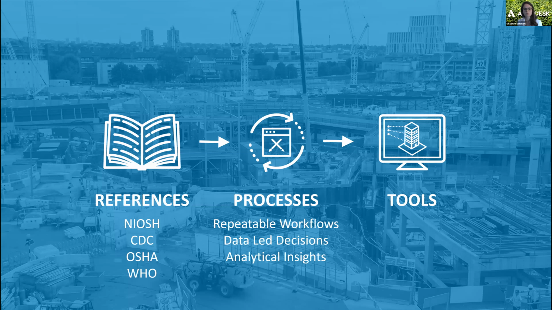It's a repeatable workflow that will help drive efficiency, and one that's going to lead with data decisions and give you analytical insights. Science is dictating a lot of design, engineering, and operational requirements, so we need to be able to make these decisions and push the design based on science.